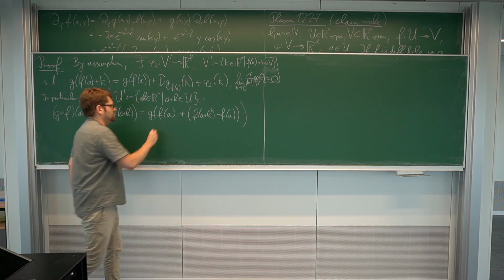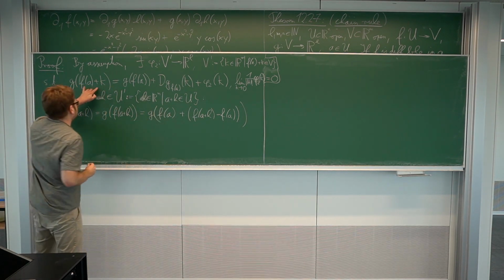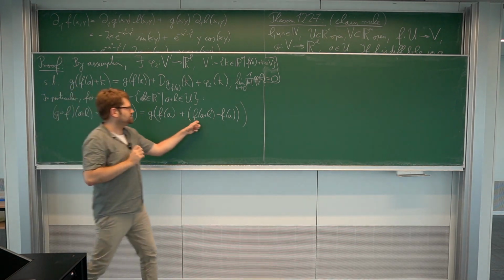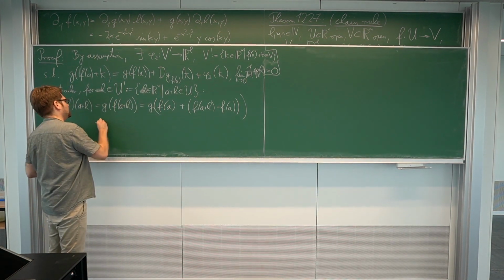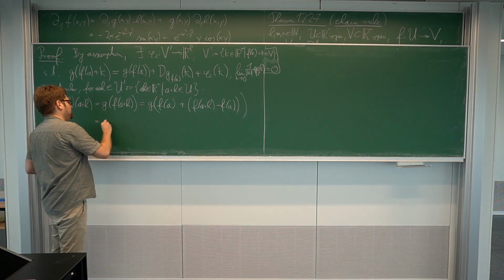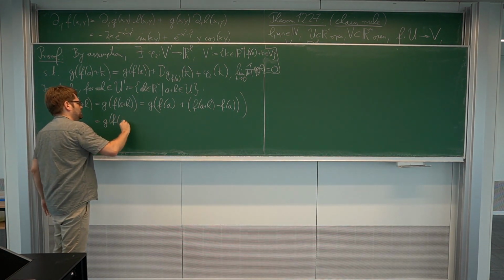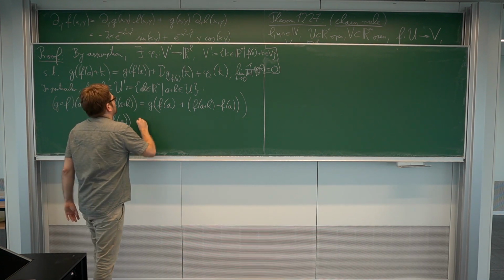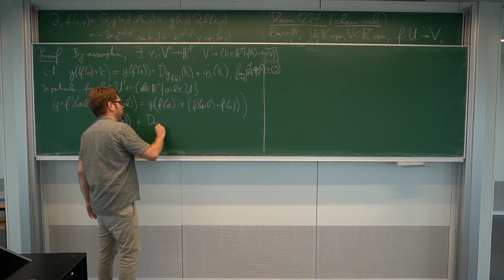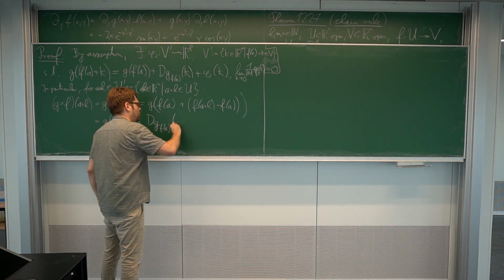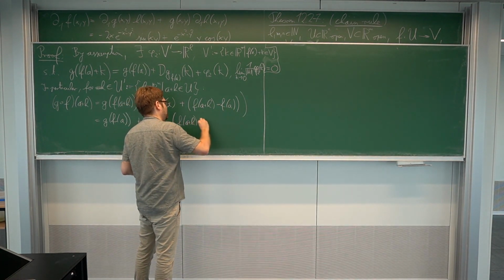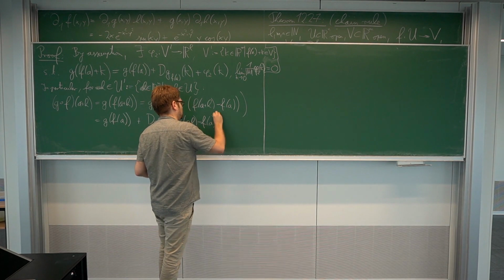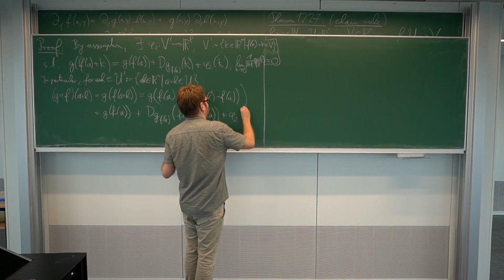So then, if we take a look at this, and if our K, which is here, is now just this part, we can apply this relation here. So this becomes G of F of A, plus, and now we have to be careful, dg at F of A of F of A plus H minus F of A, plus phi 2 of that.